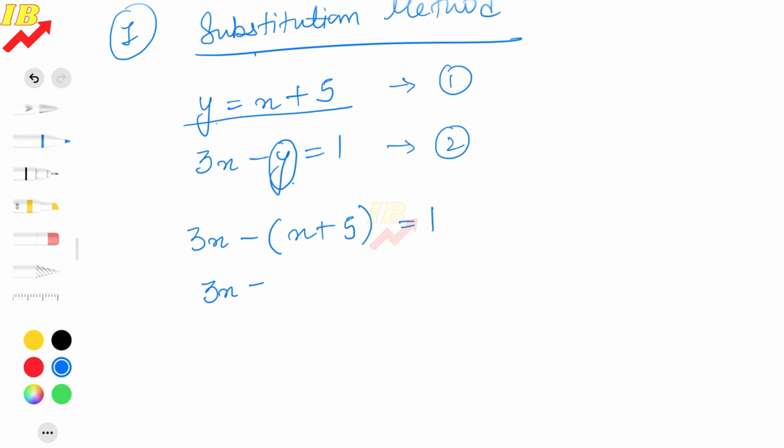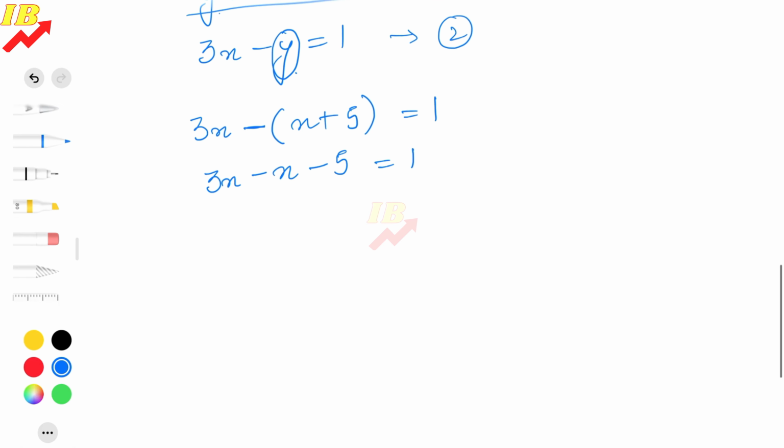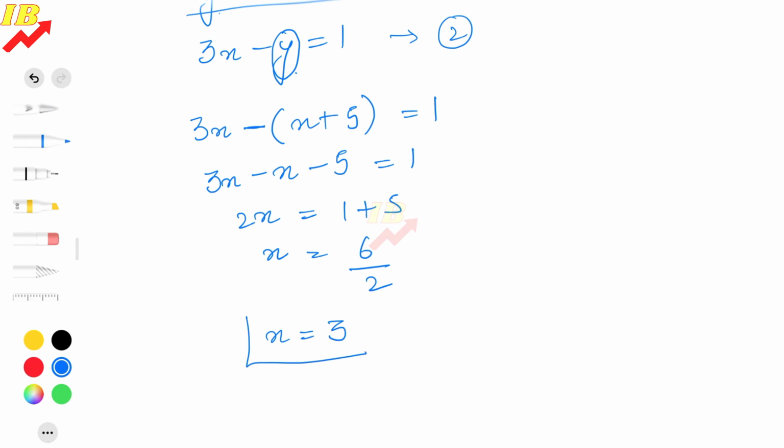As you can see, there is a minus sign outside the bracket, so we need to change the signs inside like this, right? It will add one more step for you. Now your answer is 1 plus 5 here, which gives you 6 divided by 2, right? That is going to give you 3 as a solution. You can cancel this and you easily get a 3.